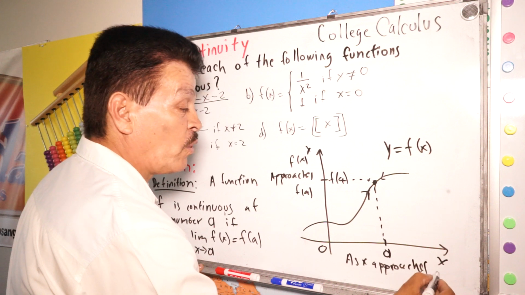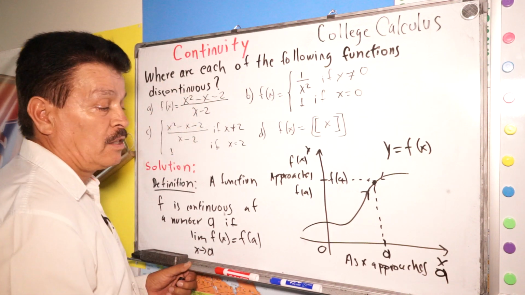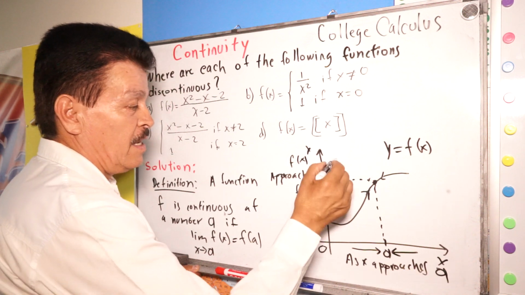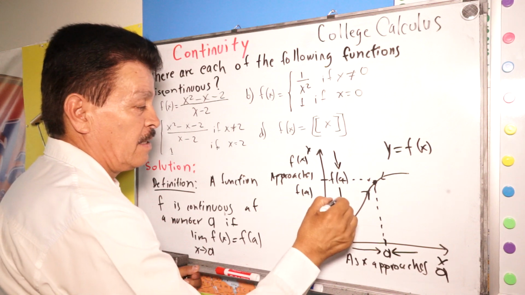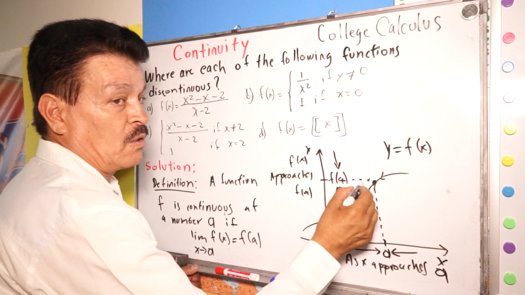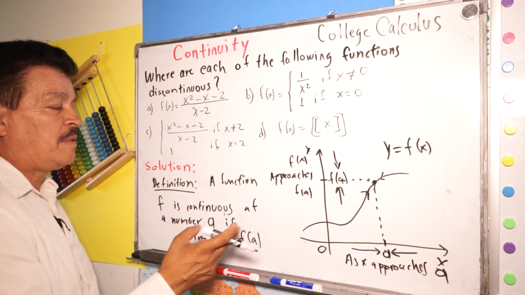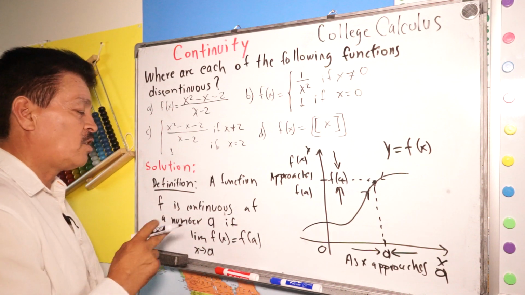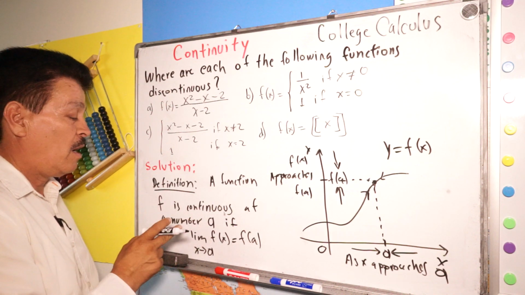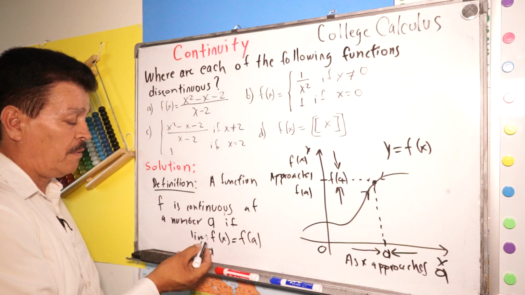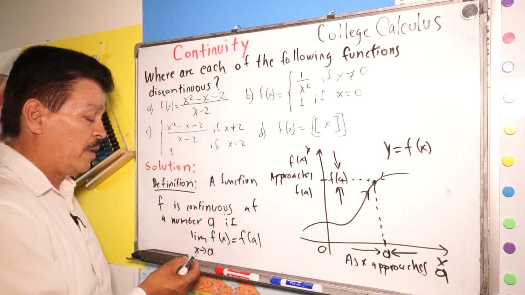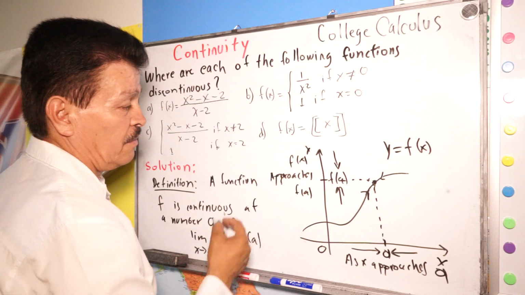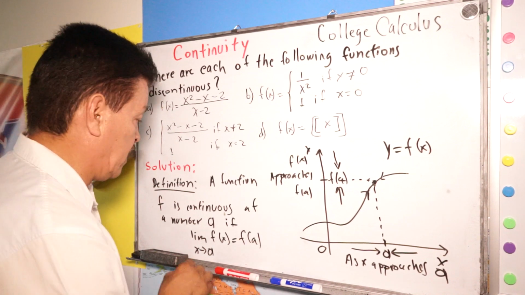So you have the graph something like this. This is the concept: a function f is continuous at a number a if the limit of f of x equals f of a when x approaches a. This is x, this is f of x, and that's it. I think this is the main point.